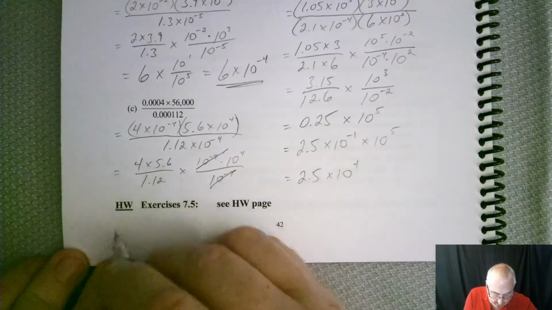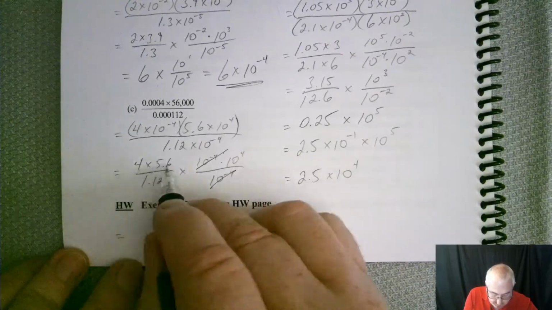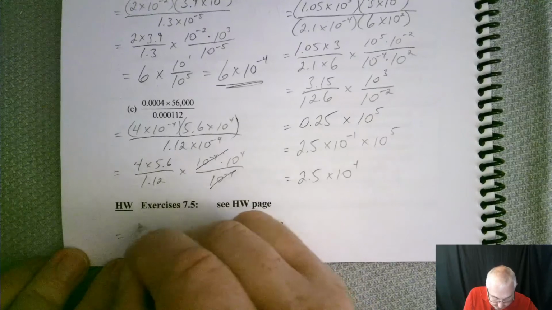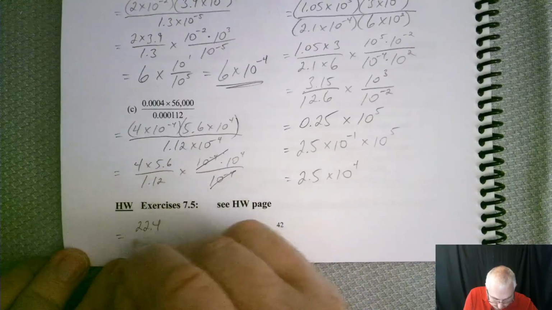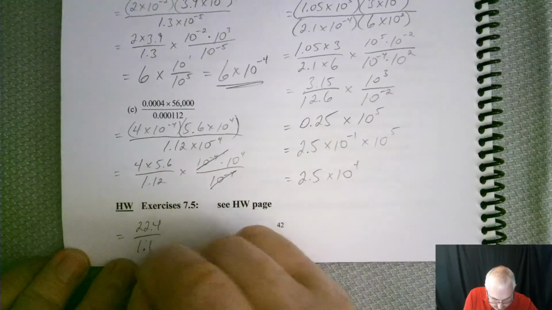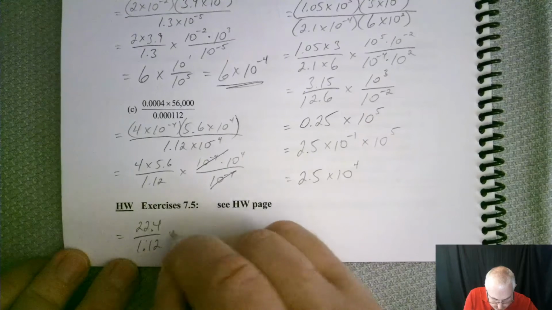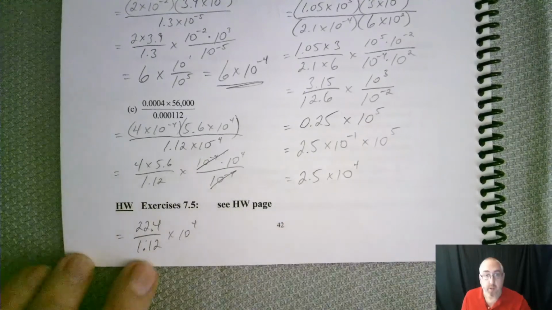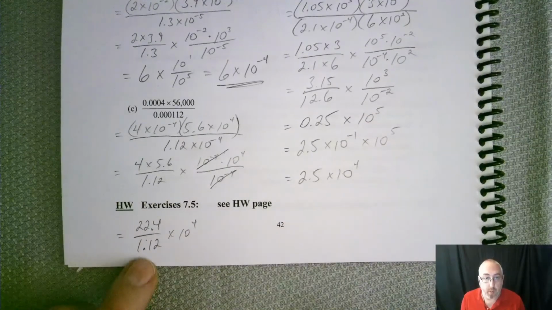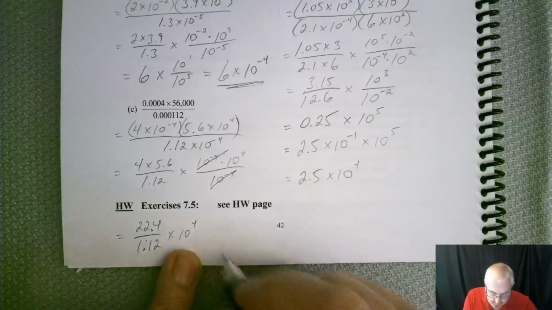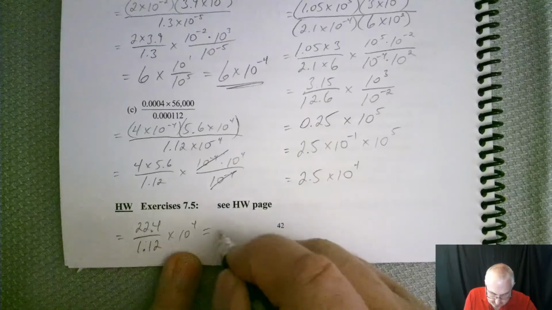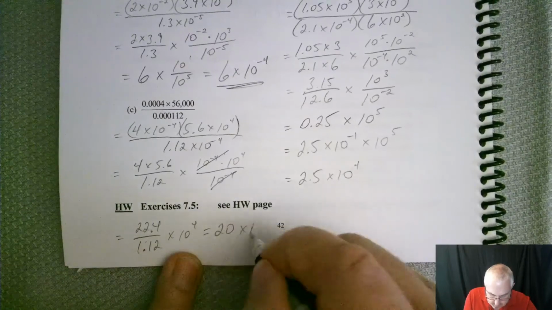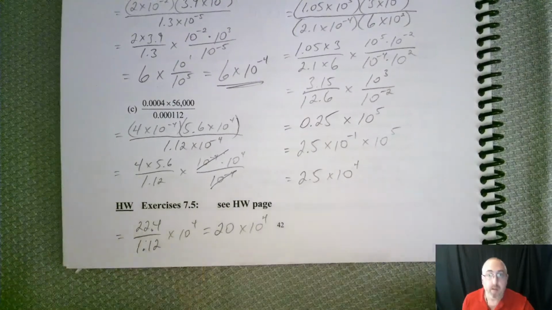Okay, so now if we multiply this, it looks like we get 22.4 over 1.12 times 10 to the 4th. And if we divide this out, it looks like we get 20 times 10 to the 4.